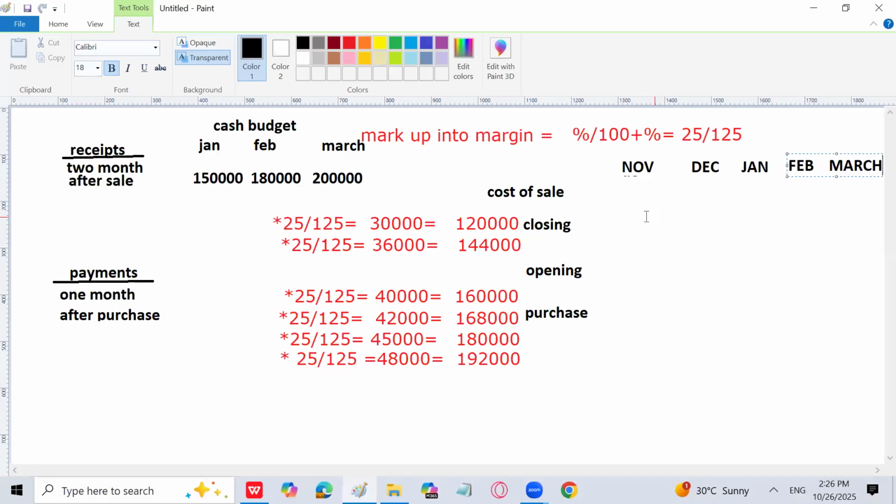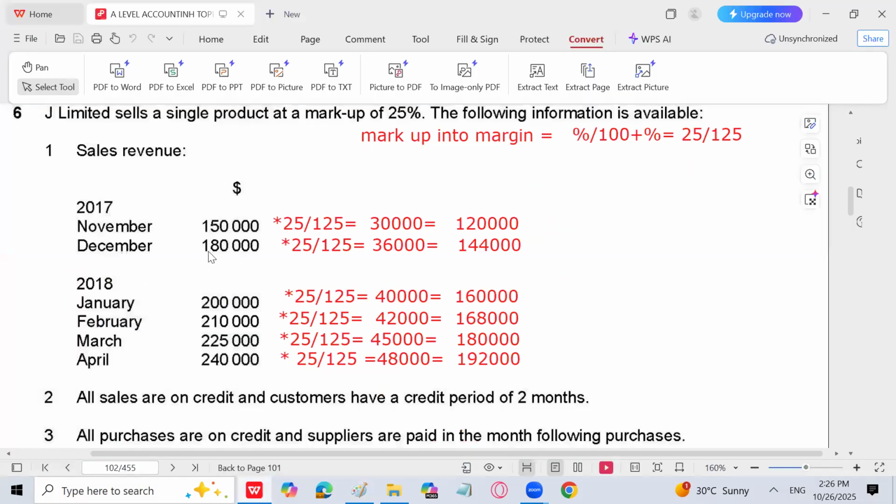So let's do that. Cost of sales, we already have for November. Sir, how come? Okay. See, these are the sales of November, December, January, February, March, April. And I've already calculated the cost of sales for November, December, January, February, March, April. I can use that.